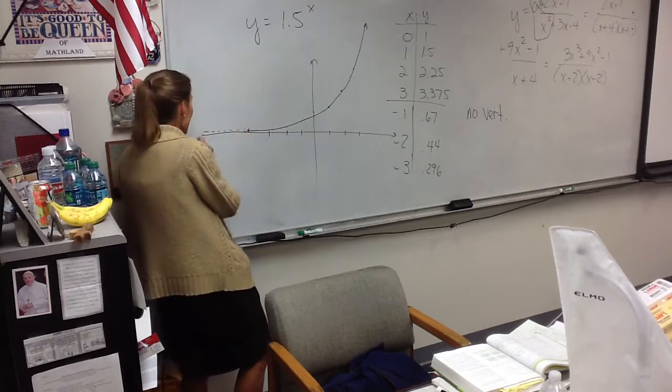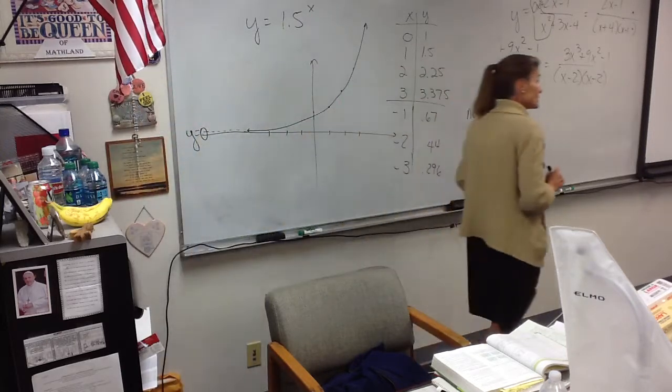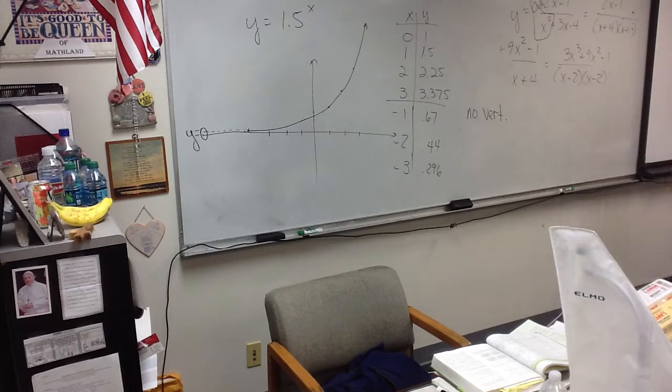So we actually have a horizontal asymptote, and it's y equals 0. Because those points, if you just plot them, will never cross that axis. You can't raise a positive number to a power and be negative. That can't happen. So it's like 0 is the floor. You're going to get closer and closer to it, but you're never going to go under it.